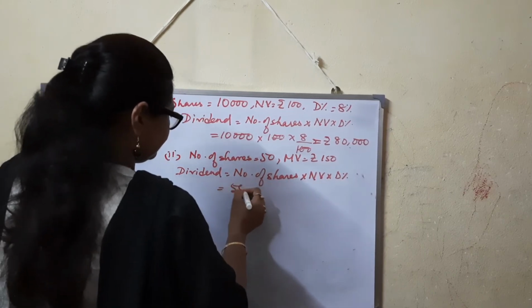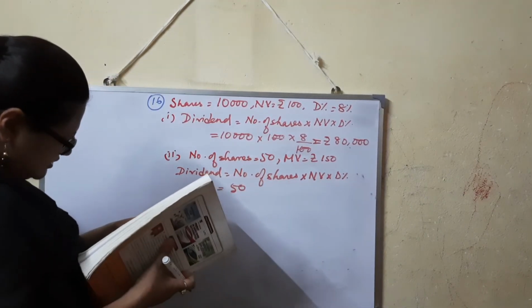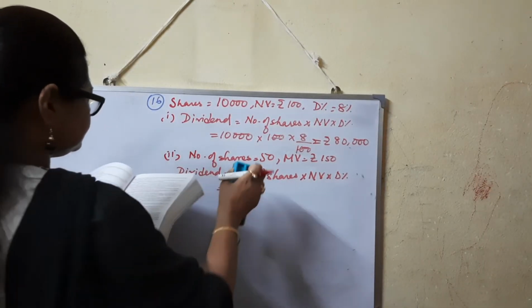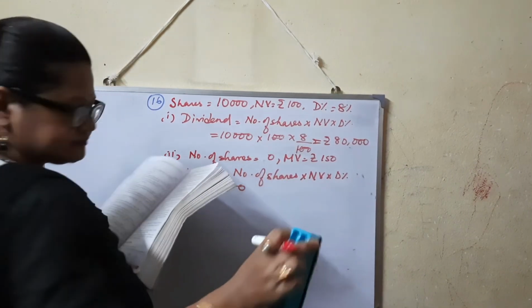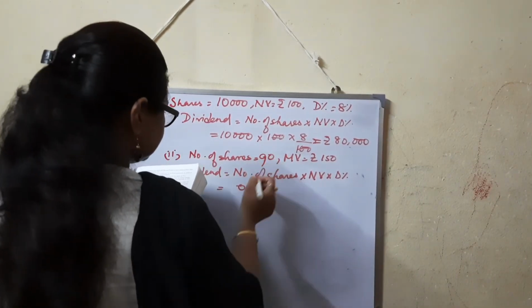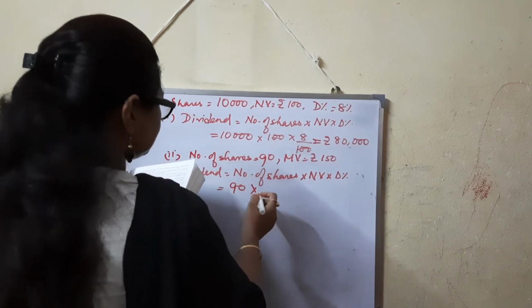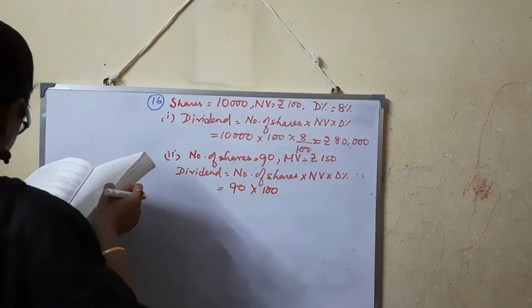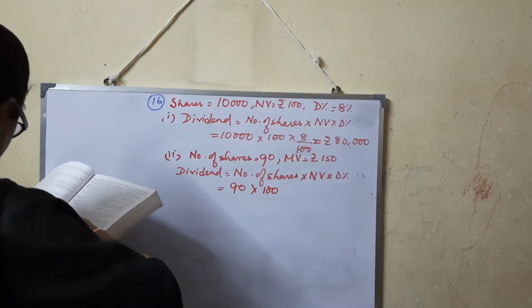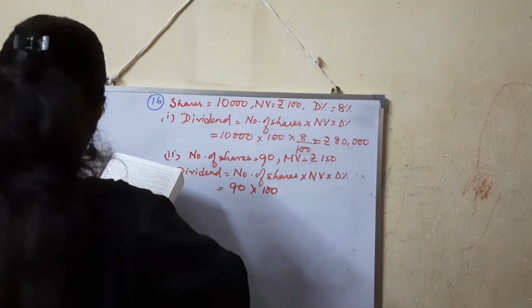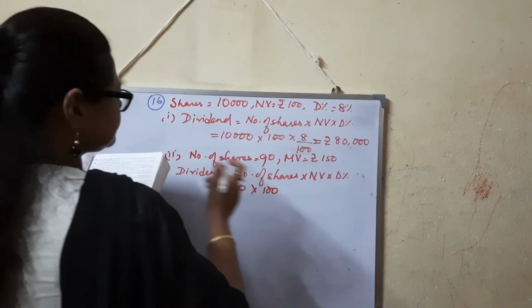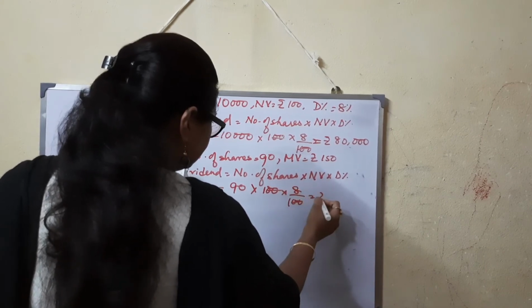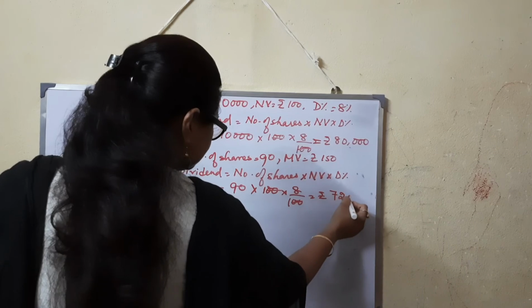Number of shares for Ramesh is 90. It is 90 into nominal value is 100 and dividend percent is given as 8%. So his income is 720.